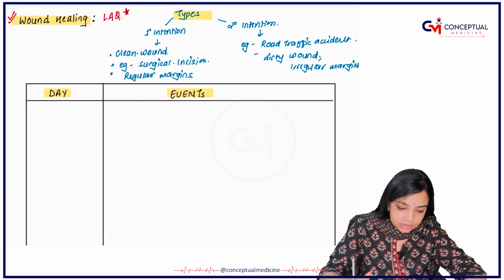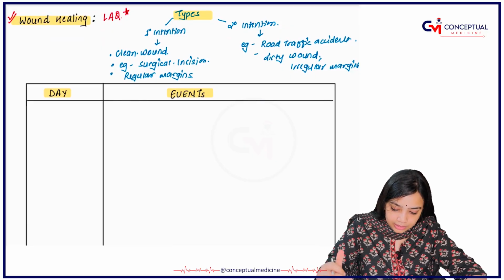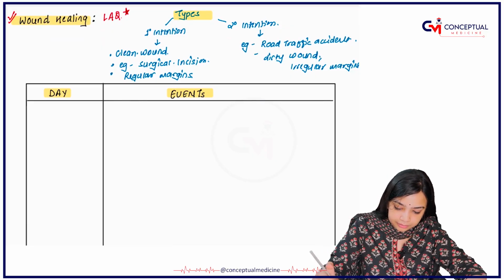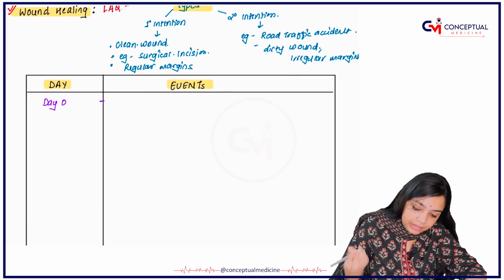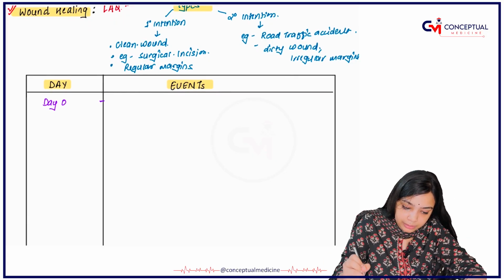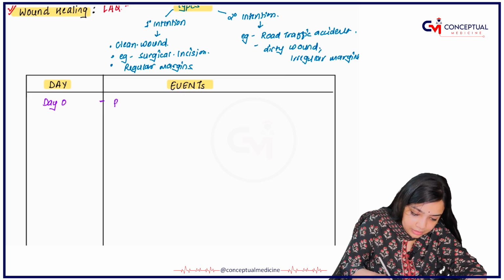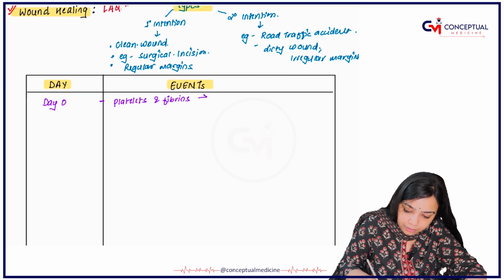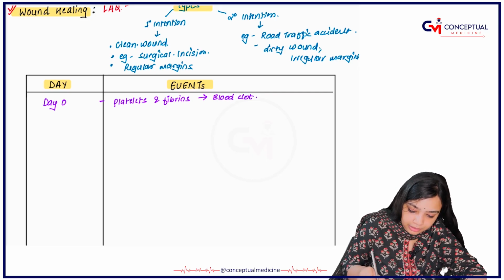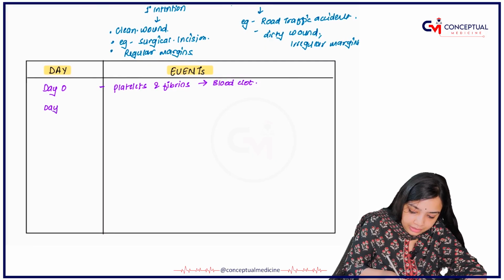Now, next we have the events. Okay. Day wise, the events are divided. Like on day 0, that is the beginning of the wound healing, what we have is the platelets and fibrin. They form the blood clot. On day 1, what you have?